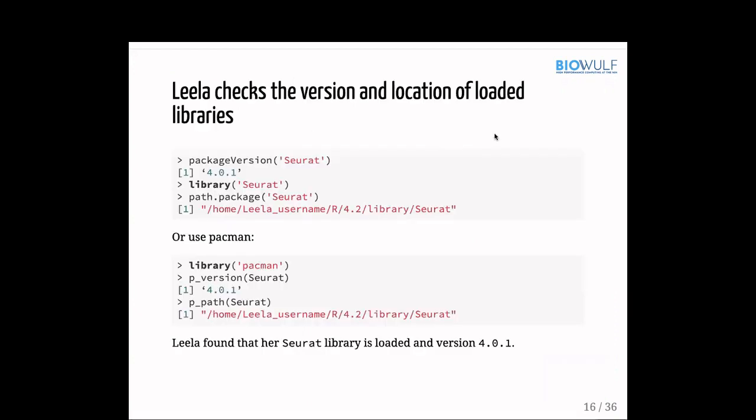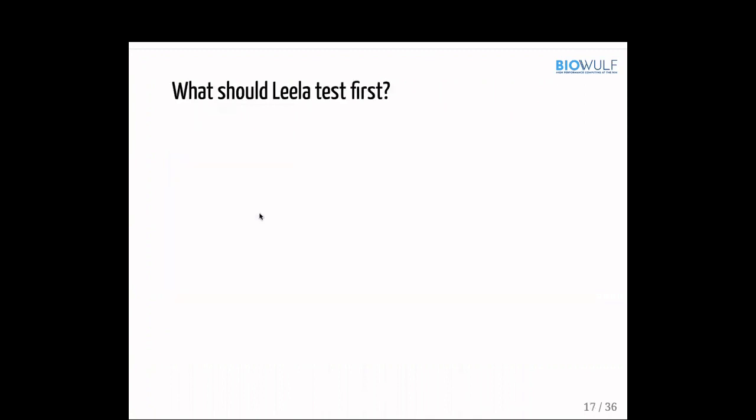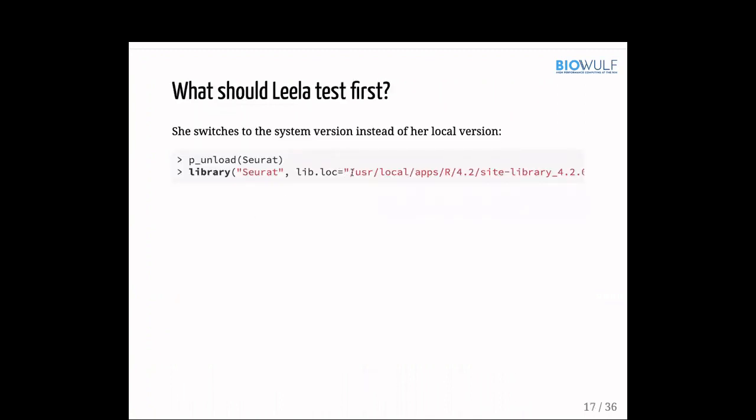She checked which version of Seurat was being used, and the path showed that the error is caused by Seurat from Lila's home directory. So Lila switched to a system version. Here you can see a location under user local app.